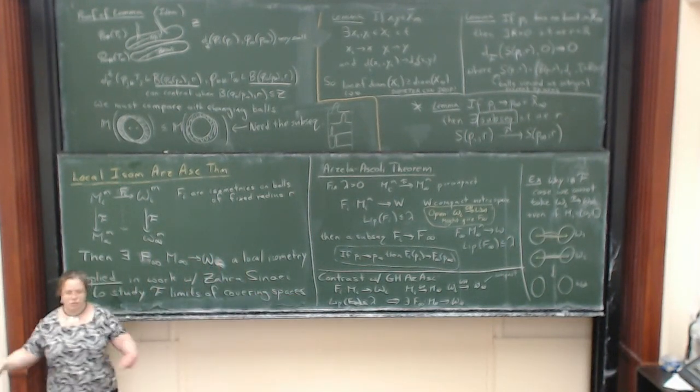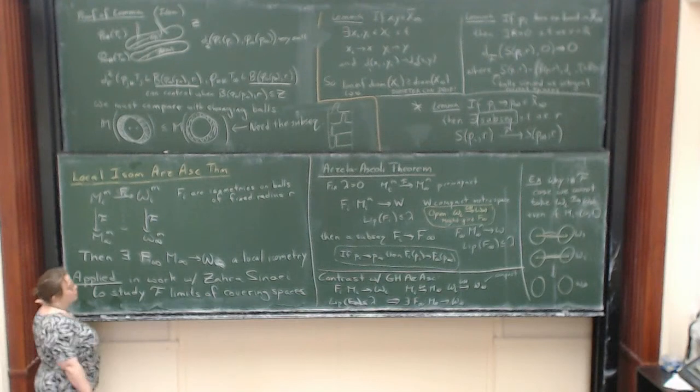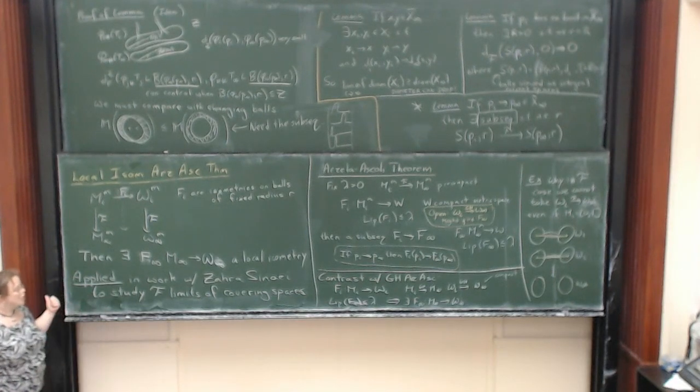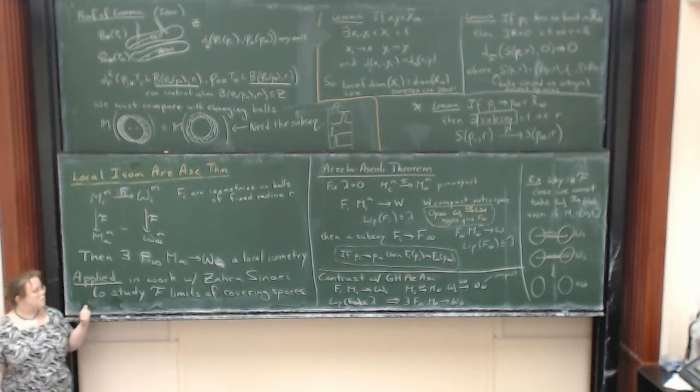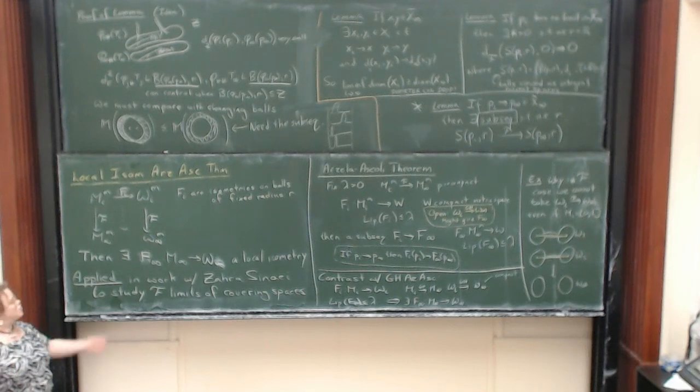So when you're looking at universal covers or covering spaces, you have all these local isometries. And in early work of mine with Guofang Wei, we had shown that the universal covers of Gromov-Hausdorff limits with Ricci lower bounds exist. And the way we proved it was by studying things with isometries of fixed radius.